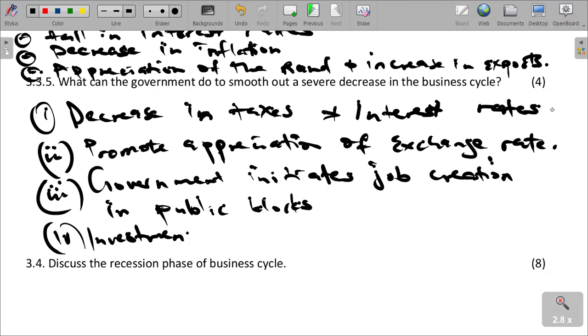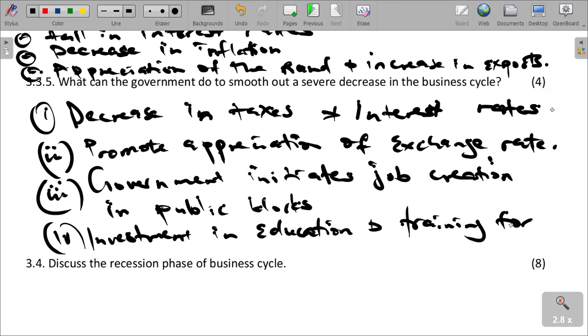Investment in education and training for bettering employee skills, the skills of the citizens.